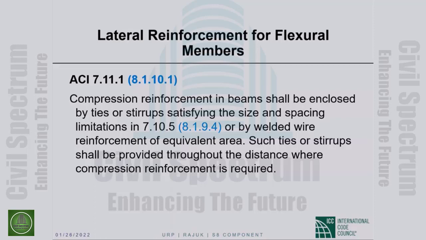You also have to satisfy shear requirements, torsion requirements, because this is a beam. Now, such ties or stirrups shall be provided throughout the distance where compression reinforcement is required. Okay, where it is no longer required, you don't need the ties and so forth.